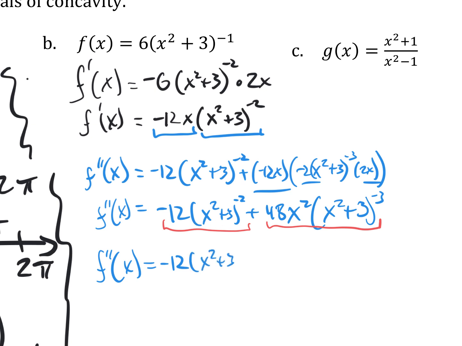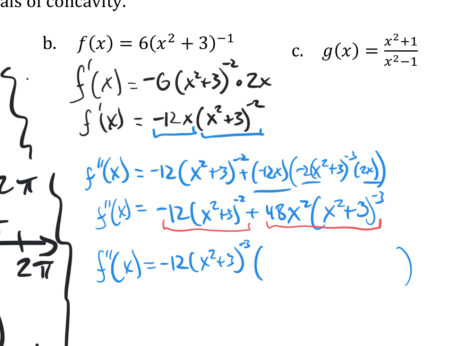And then they both have an x squared plus 3. Now the question is, how many x squared plus 3 should we pull out? Well, look at both terms. Now the key is, just like always, we're going to pull out the smallest exponent. Now, which one is the smallest exponent? Watch out, they're negatives. It's this one over here. So we want to factor out x squared plus 3 to the negative third.